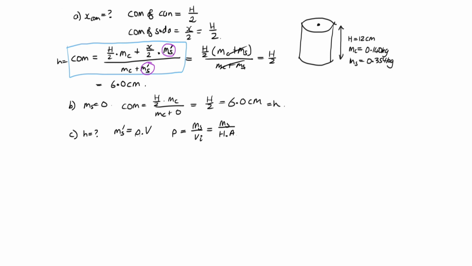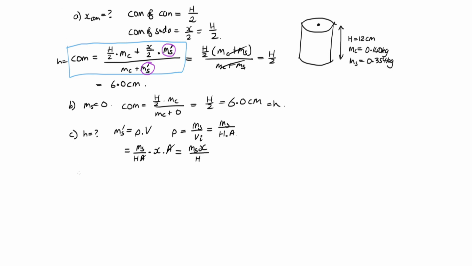So now we've got an expression for the density here, ms over h A, and the volume in the can is, well, it's got a height x of soda and it's got cross-sectional area A. So these cross-sectional areas cancel out, and we've got the mass of soda, which is actually in the can, is the initial mass of soda times the height of the soda over the total height of the can.